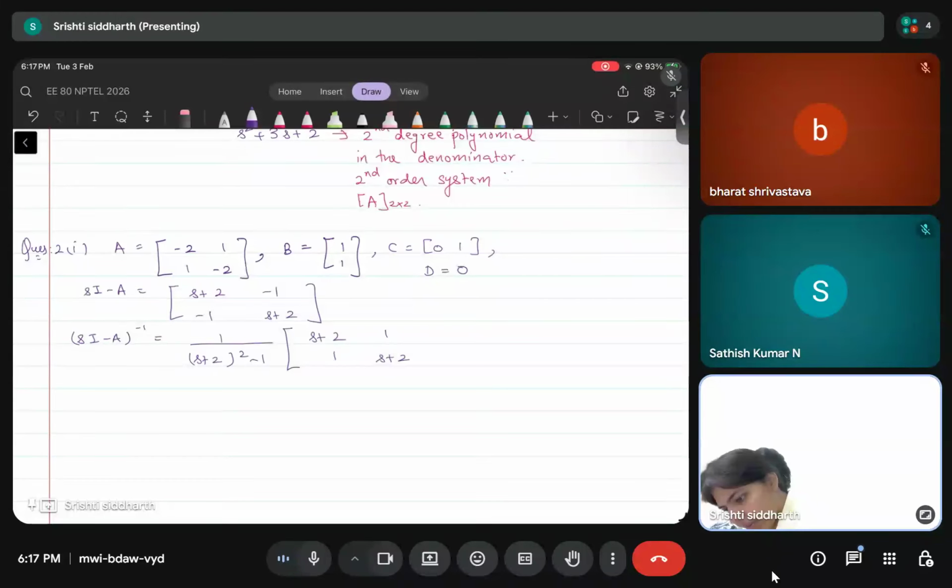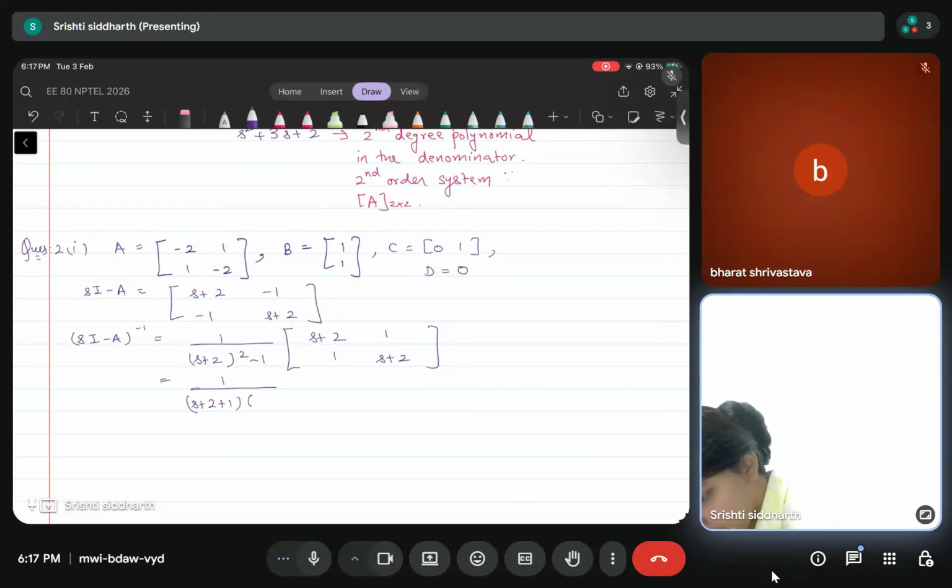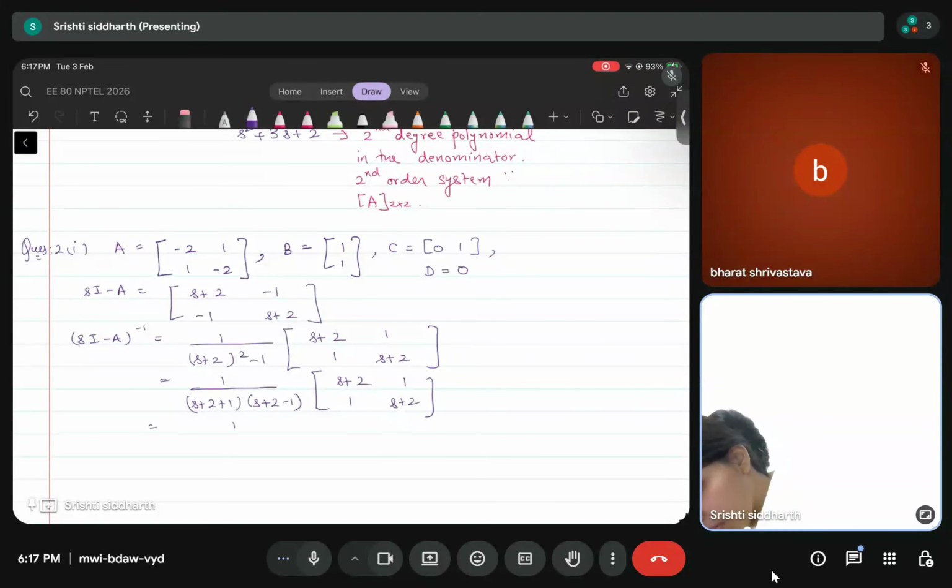The determinant becomes (s plus 3)(s plus 1).